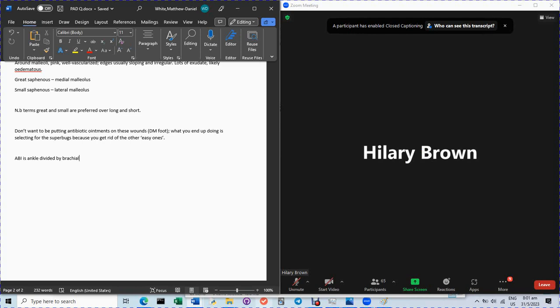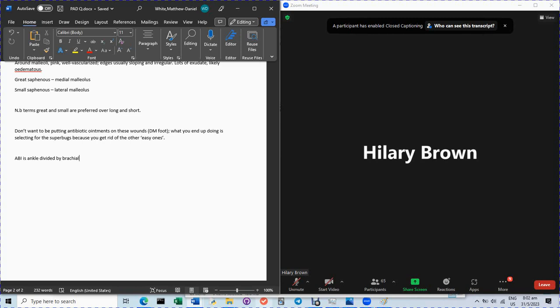Good. And then where do you feel for the dorsalis pedis and the posterior tibial? Okay, so the dorsalis pedis, extrapolate up from the second web space, in the midfoot area. To be more specific, you're looking for that tendon that goes to the first digit, and in the midfoot, just medial to that, that's where you feel the dorsalis pedis.